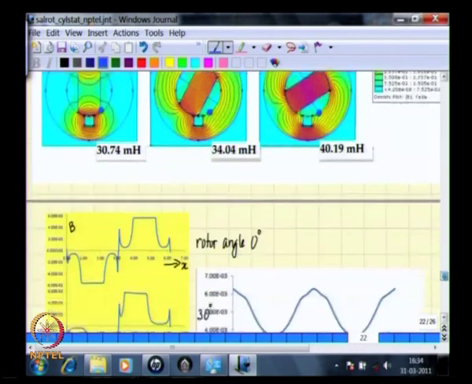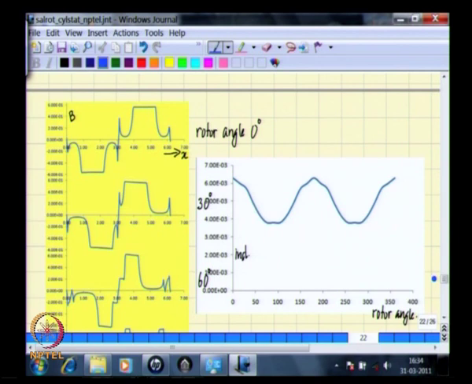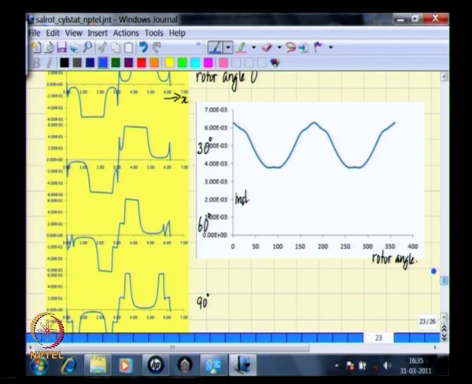Again, if we look at the flux density distributions, which are the result of flux flowing in the air gap, what we see here is that wherever the face of the rotor pole occurs, those regions seem to have fairly high flux densities. Wherever the interpolar region occurs, those regions seem to have low flux densities. This is valid across all these waveforms.